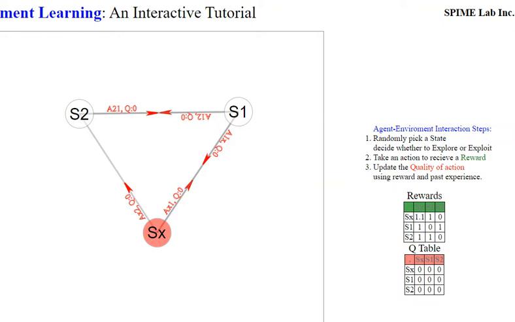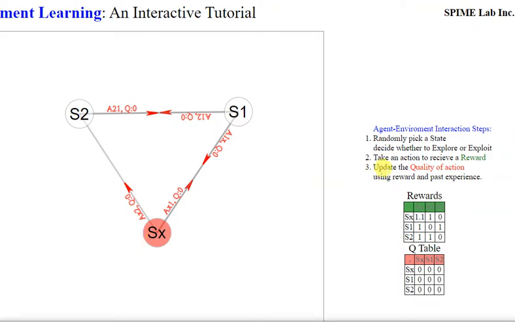For example, it can choose to go from S2 to SX. The action A2X, even though it's not shown in the graph because reward is zero, however, agent can choose to take that action because agent is blindfolded.